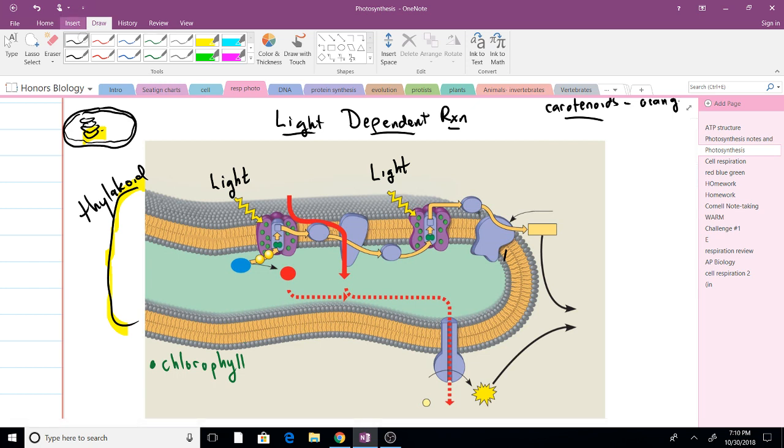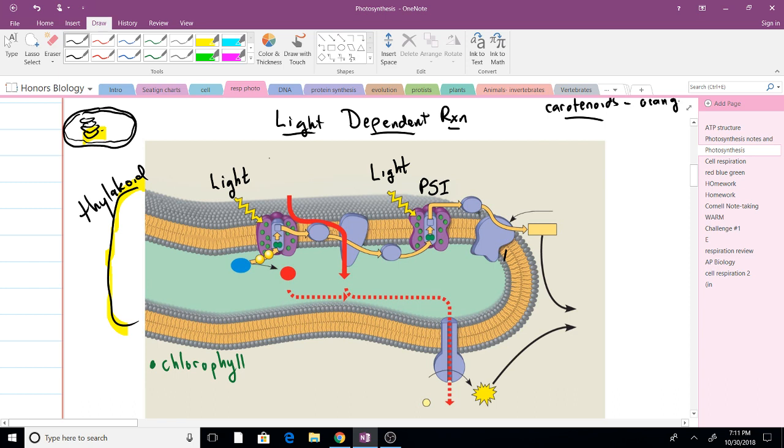Now, these photosystems are a little unusual in terms of their numbering. Photosystem 1 is the one on the right here. It was discovered first. So because it was discovered first, it got the name Photosystem 1. And then later on, they found the photosystem that actually began the reaction.